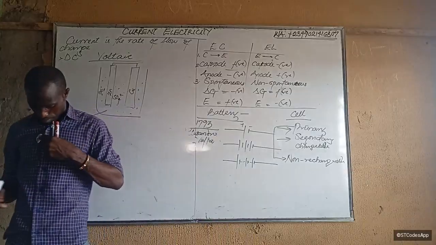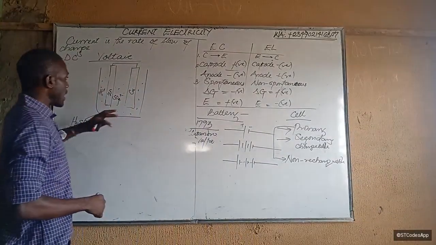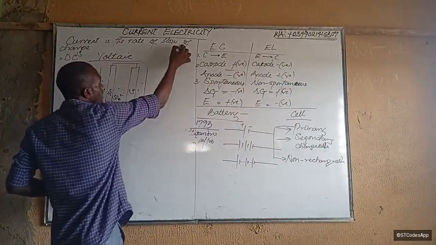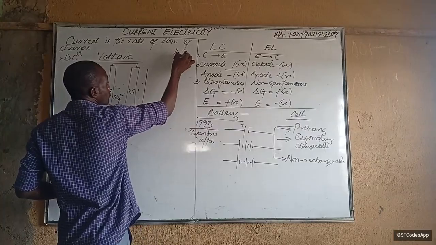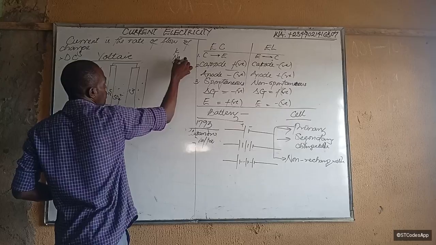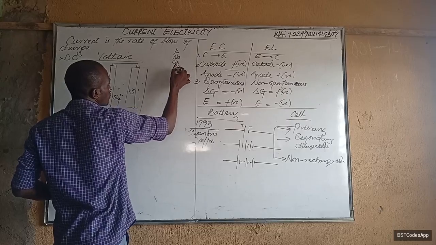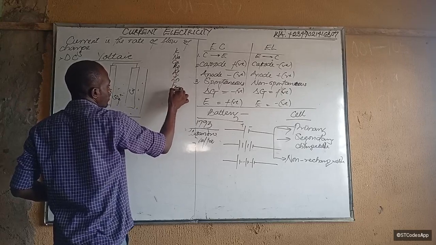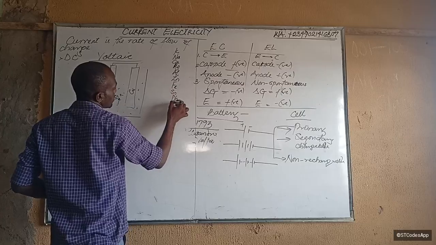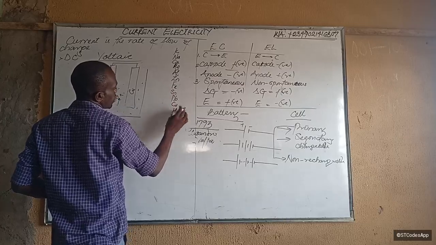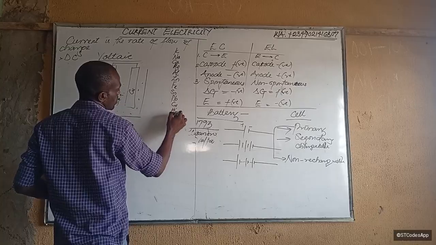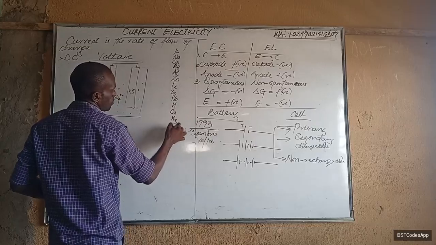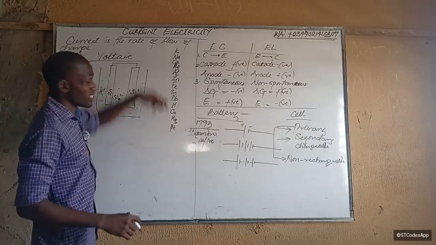Now, what happens is this. You remember the electrochemical series? So we have sodium, potassium, calcium, magnesium, aluminum, iron, lead, okay, so I'm gonna just stop here, right?